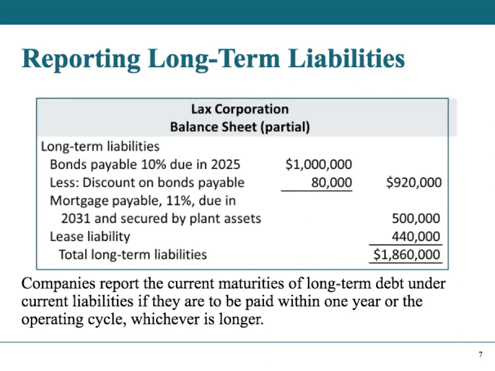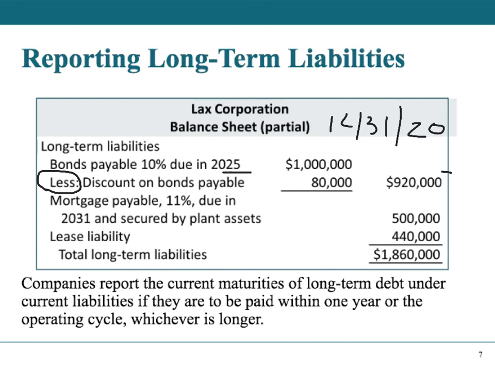Here's just a basic representation of a balance sheet. If you have other long-term liabilities, such as bonds payable due in 2025, they're probably hinting at maybe 12/31/20 or so. So it's way past 1 year in advance. Then look at that, less discount on bonds payable or plus premium.